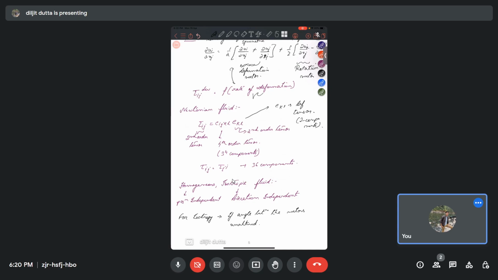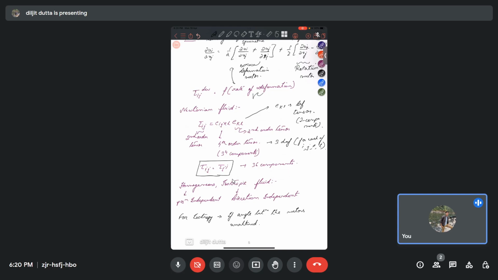So this C_ijkl will have 3 to the power 4 components, since each of the indices i, j, k and l will have 3 degrees of freedom. But we have seen that the deviatoric shear stress is a symmetric tensor.